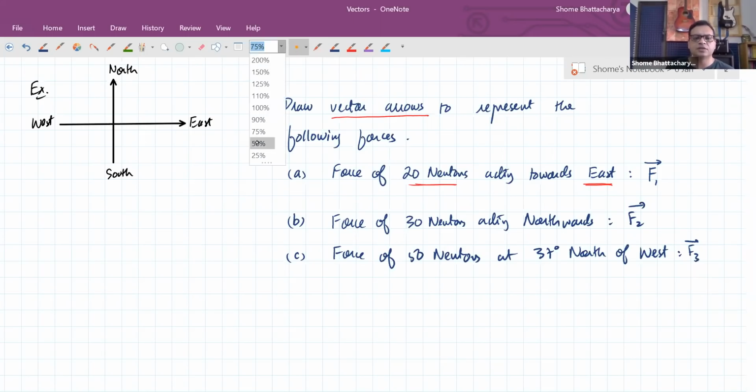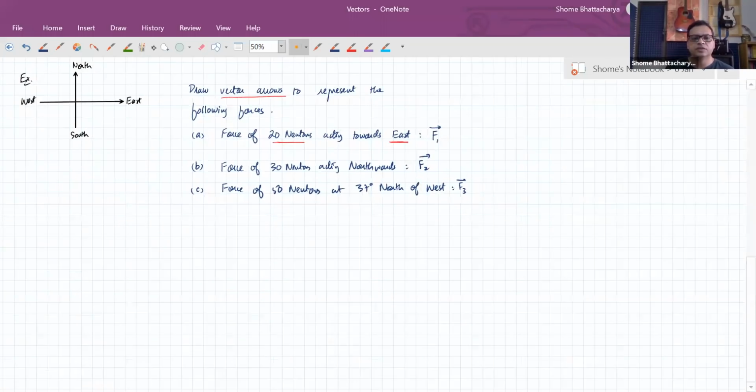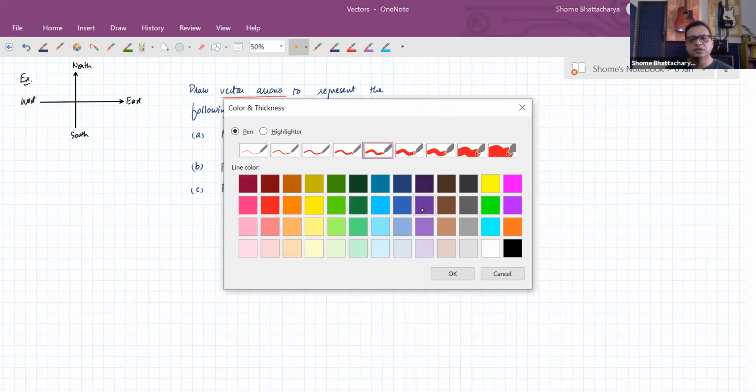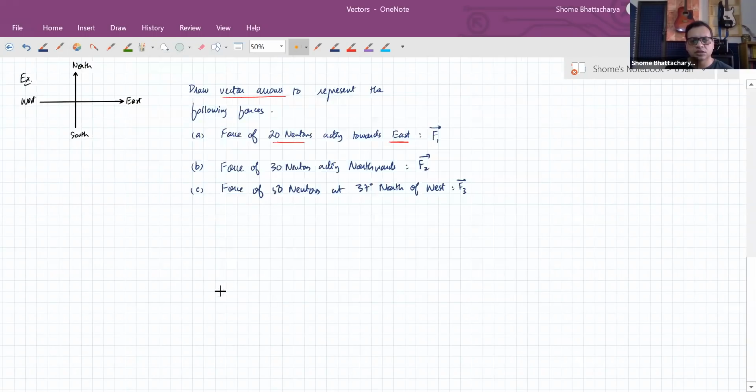So with respect to our given system of reference, our force F1 will be a vector arrow that points towards east, and that should look like this. Its length will be proportional to 20 newtons, and its direction is pointing towards east, as you can see.